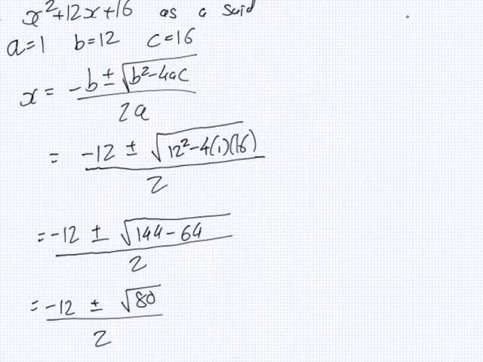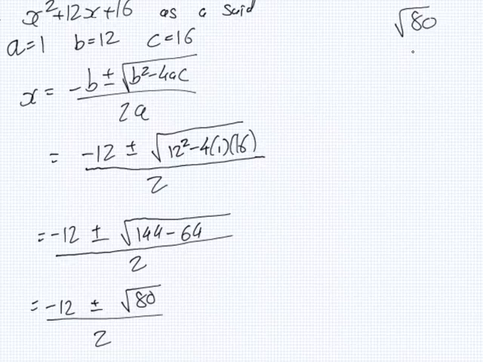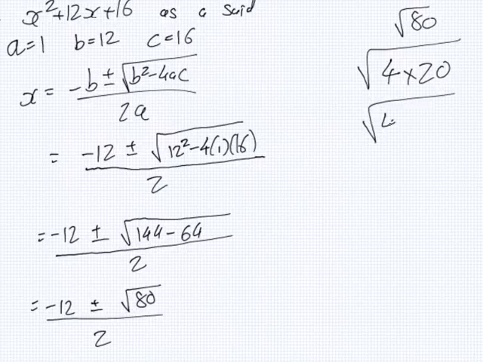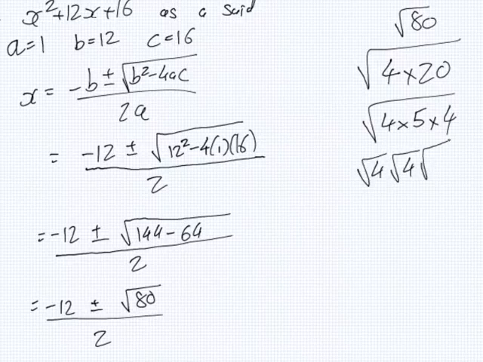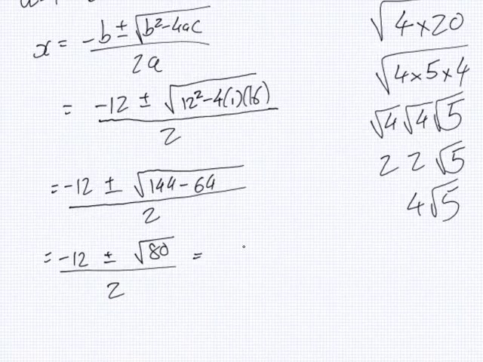So square root 80, well, 80 is 4 times 20, isn't it? And 20 is 5 times 4, isn't it? Yeah, so it'll be square root 4, square root 4, square root 5. So that would be 2, 2, and 5. So that would be 4 root 5. So this will be minus 12 plus or minus 4 root 5 all over 2.